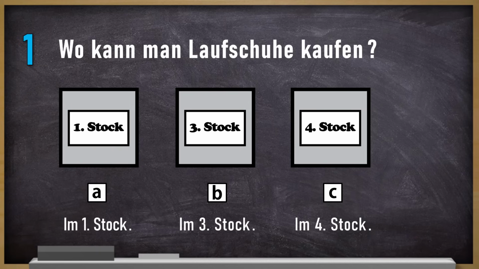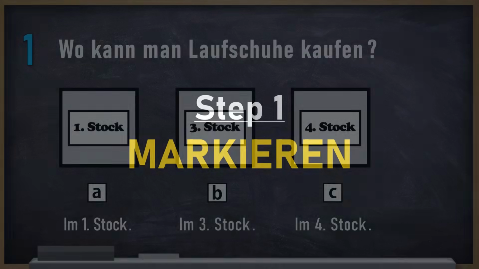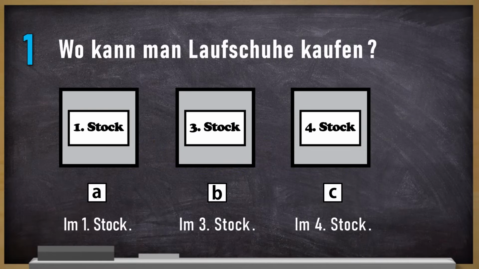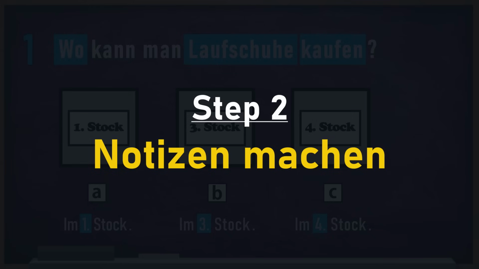Jetzt zur Vorbereitung. Schritt 1, step number 1. Mark all the words that are important. Markiere alle wichtigen Wörter. I would mark wo, Laufschuhe, kaufen, and also the ordinal numbers, die Ordinalzahlen. Now the second step, Schritt 2. Make notes.